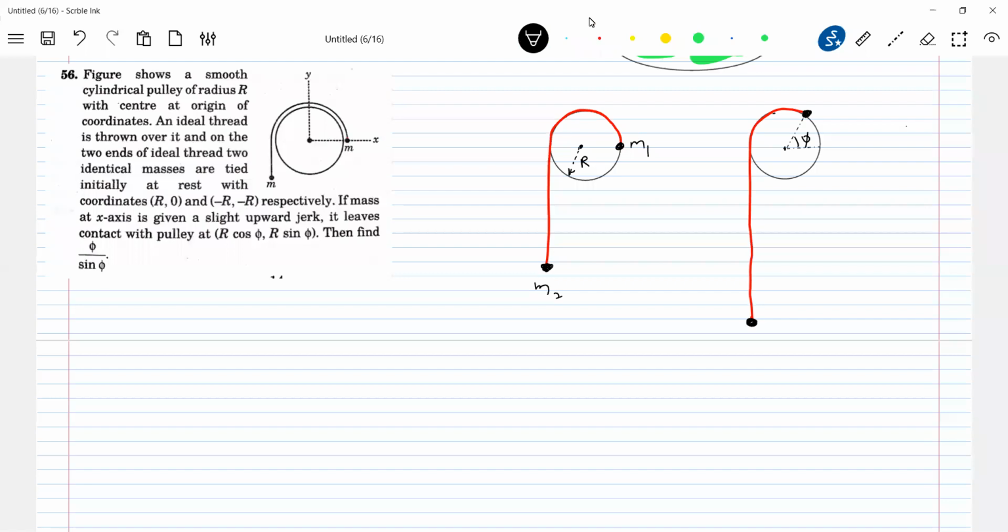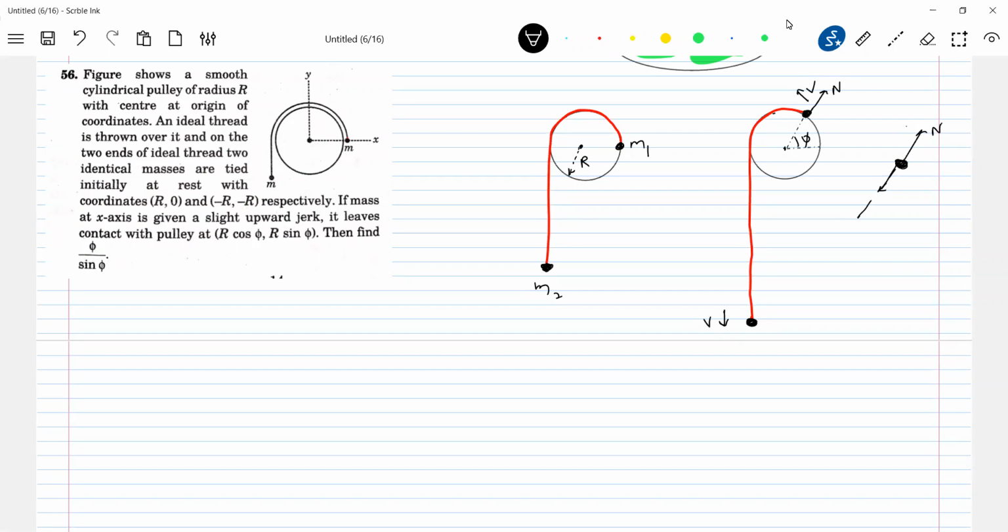What is the state of the bobs? Yes, they'll be moving, no? So they'll be having velocities. This will have velocity v, this will have velocity v. And what is the condition to leave the circular path? What are the forces that will be acting? N. So only on this I'll show it. This is phi.